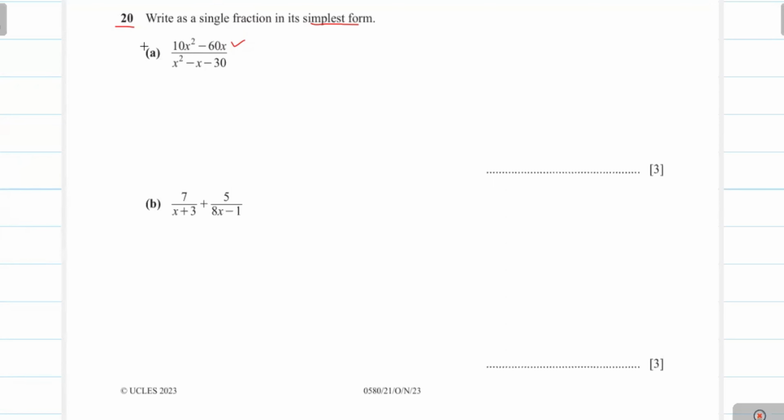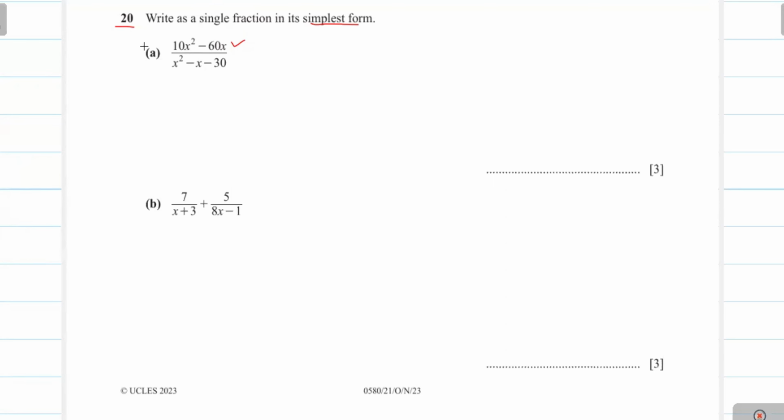Next we will factorize the denominator expression, x squared minus x minus 30. This is a quadratic expression. We can factorize it by using the middle term breaking method.